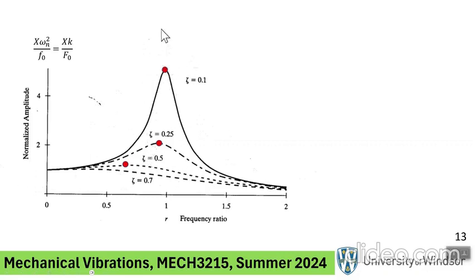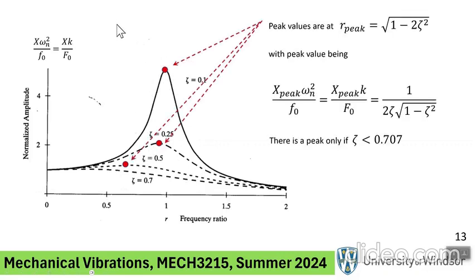To get the maximum, you differentiate the magnification factor patiently, set it equal to 0, get the value of R, and get the peak. If you do that, you're going to come up with these conclusions. In other words, the location where these peaks occur is close to 1, close to where we expect the undamped behavior to happen.